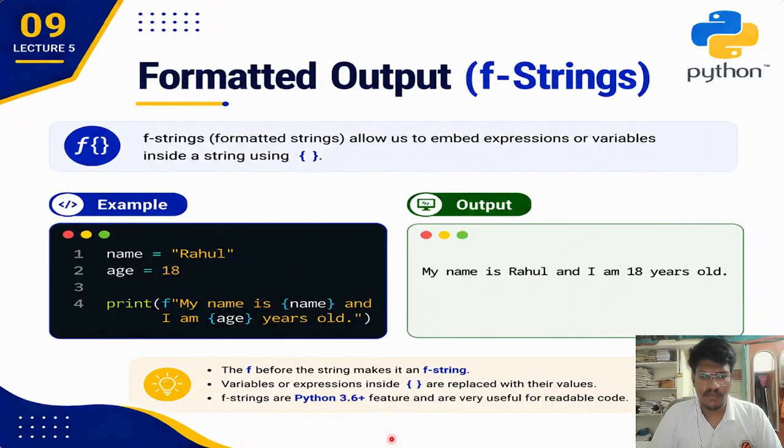For example, they type eighteen in words. So if age is equal to int input, enter age, and the user enters it not in the numeric way but in the string way, it will give a value error.